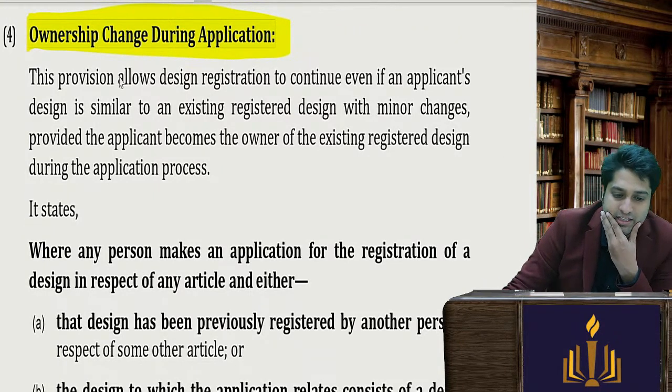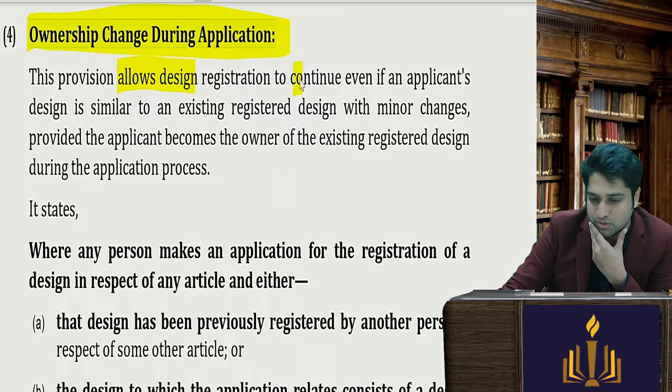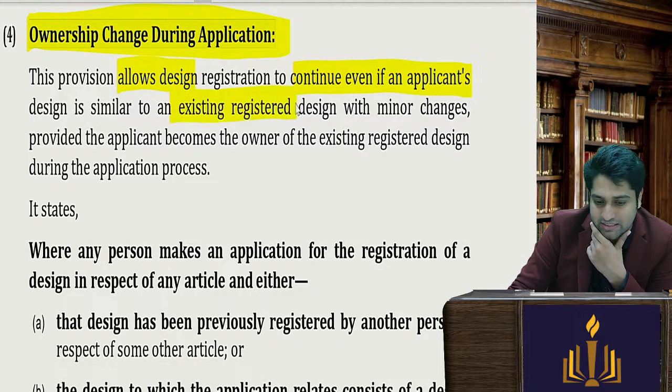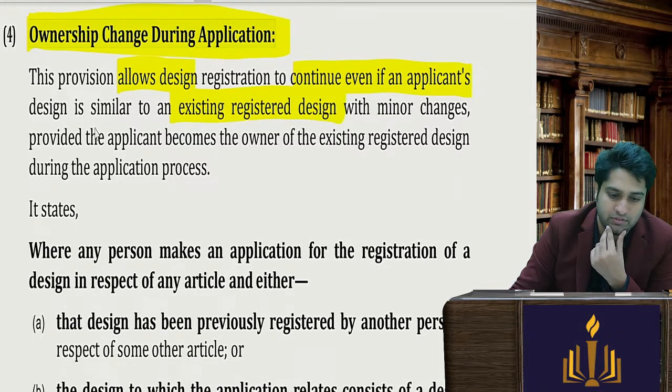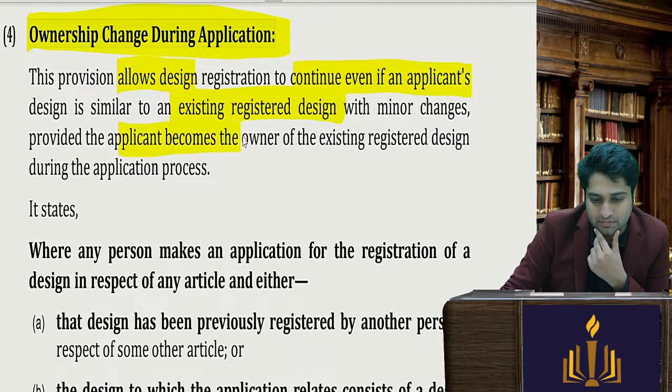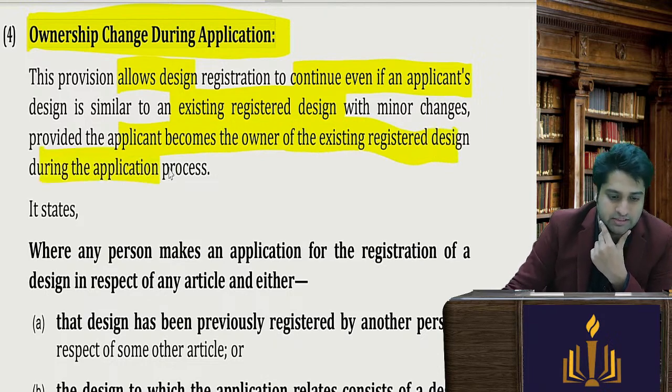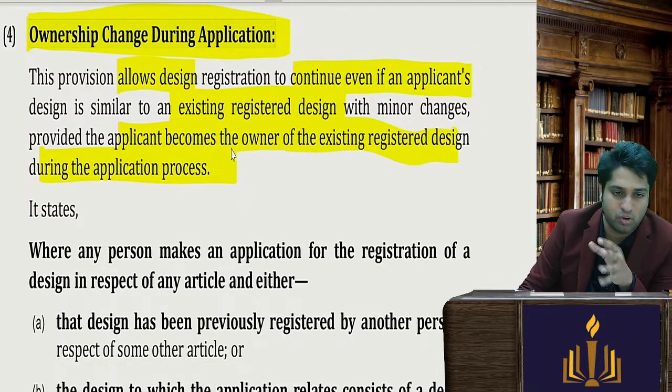So it provides that it allows the design registration to continue even if an applicant's design is similar to an existing registered design with minor changes, provided the applicant becomes the owner of the existing registered design during the registration process. Wait, what?